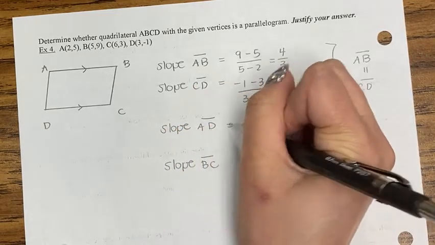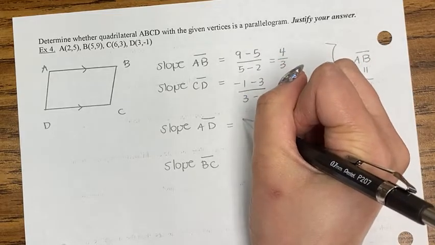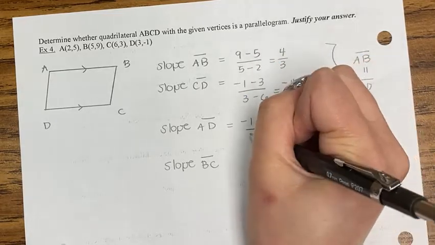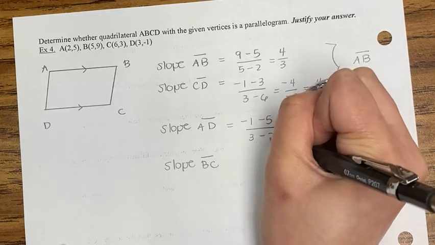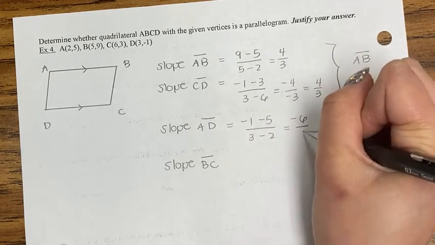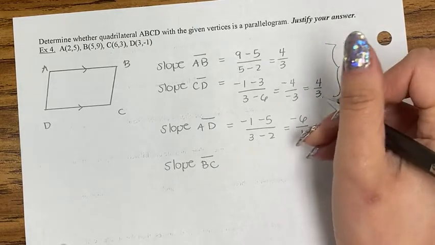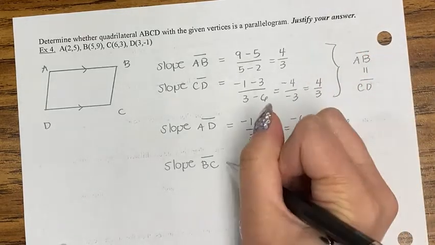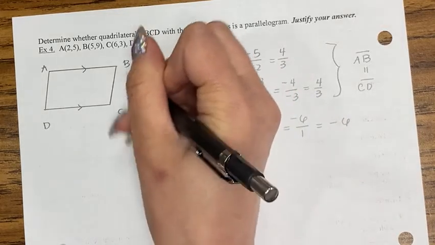So for AD, we have -1 minus 5 divided by 3 minus 2. This is going to be equal to -6 divided by 1, which is -6.